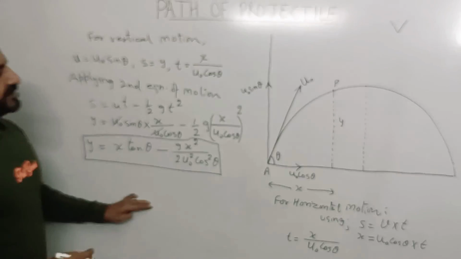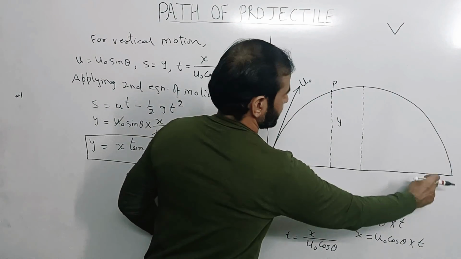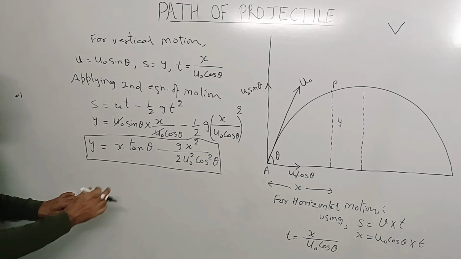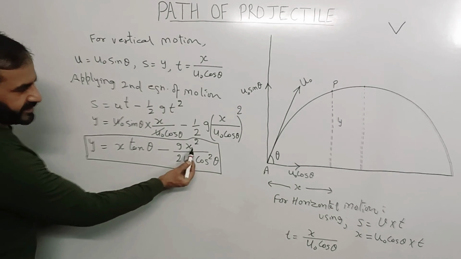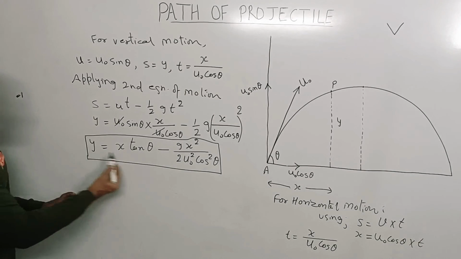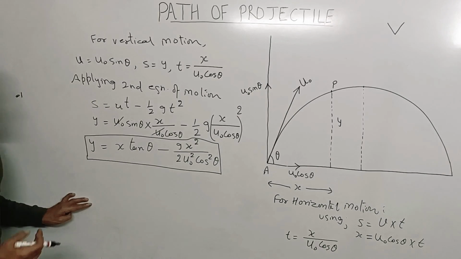Or say equation which represents path of projectile. Now what is its shape? You can observe this equation is quadratic, highest power 2 in x variable and linear in y. It is quadratic in x and linear in y. That's why it represents parabola.